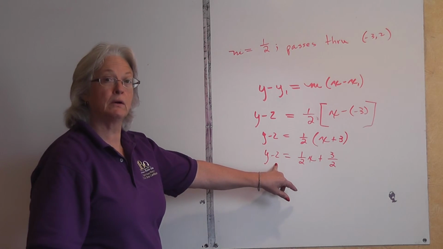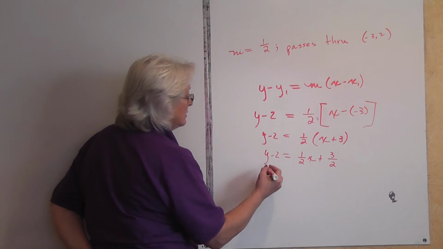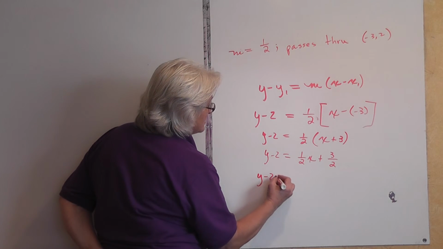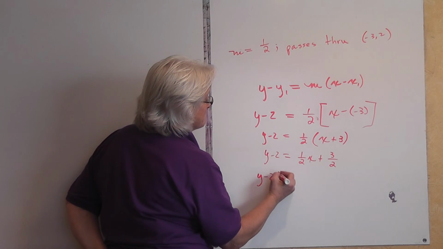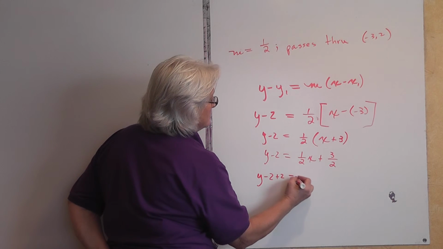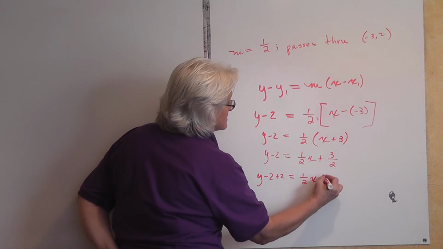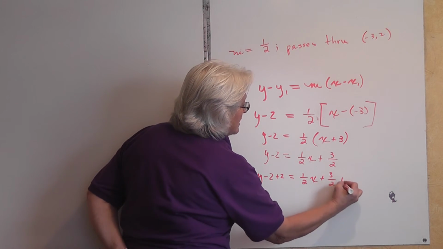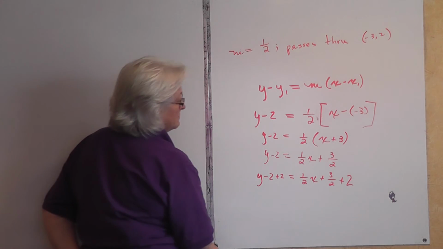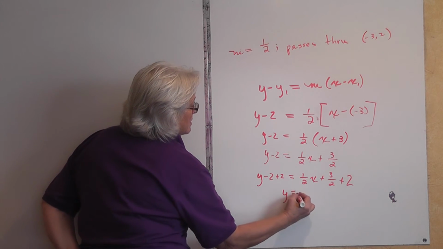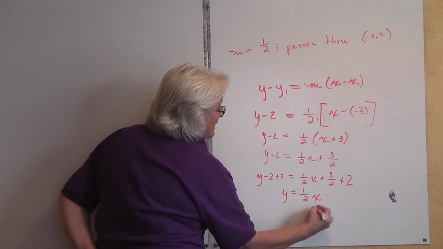What are we going to do here? We still need to solve for y. Y minus 2 plus 2 is equal to 1/2 x plus 3/2 plus 2. Y is equal to 1/2 x.